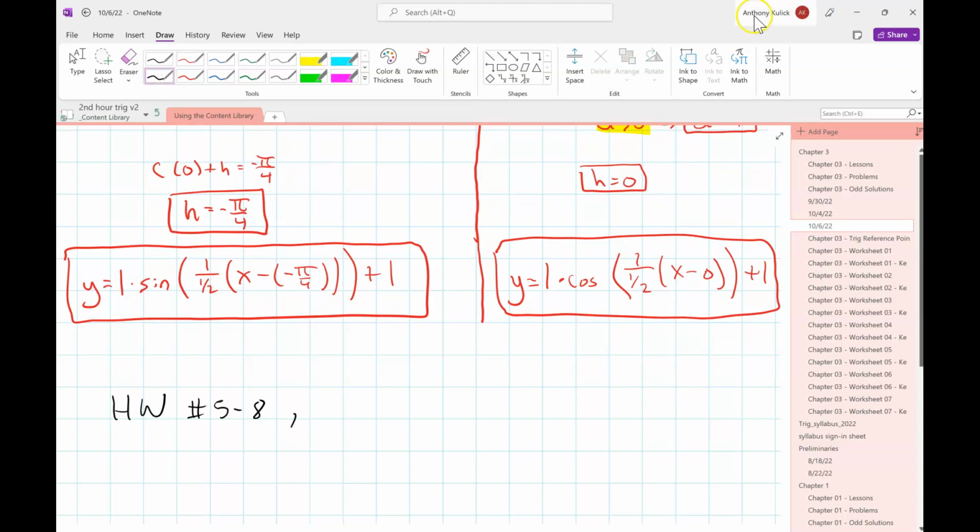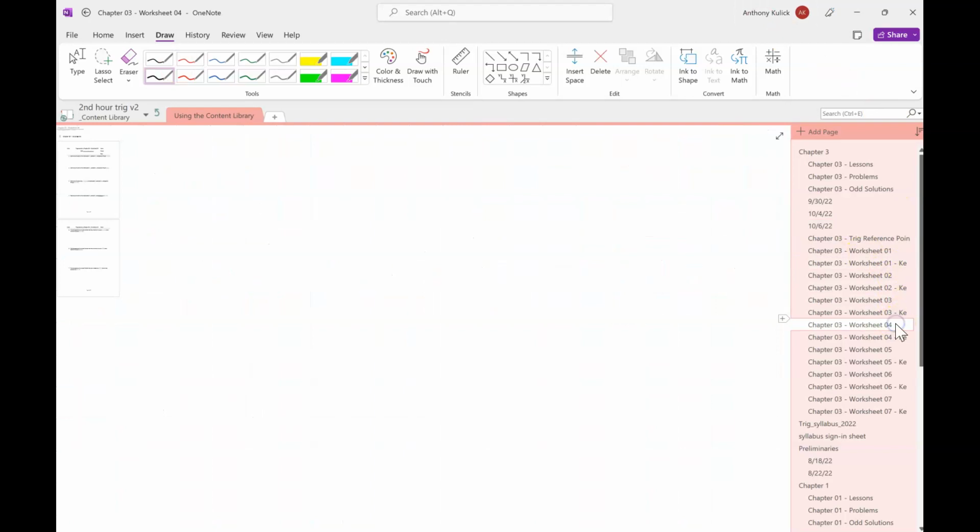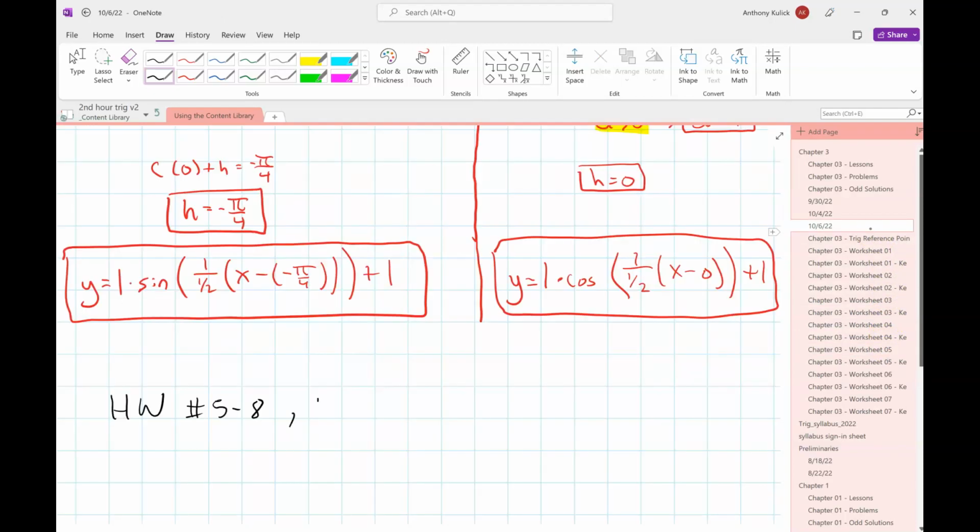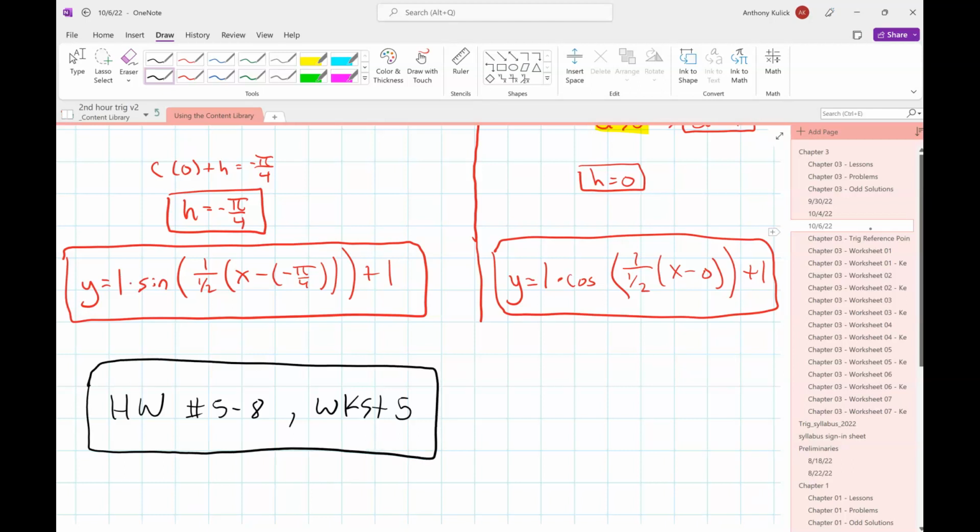And then we should be able to do worksheet 5. And this will be not this Sunday, but the following Sunday. So what's that, like the 16th or something? I think the 9th is this Sunday. The 16th is 7 days later, I'm guessing.